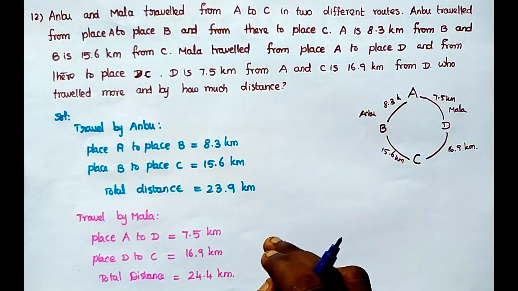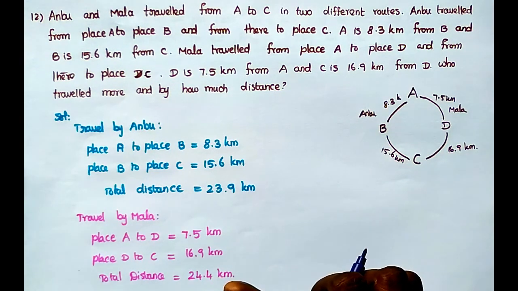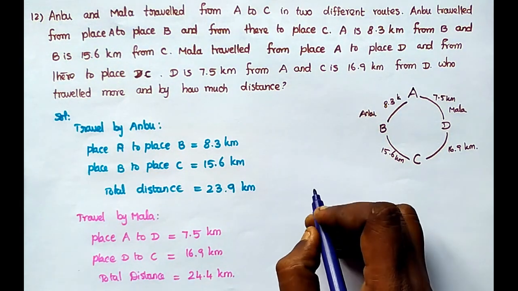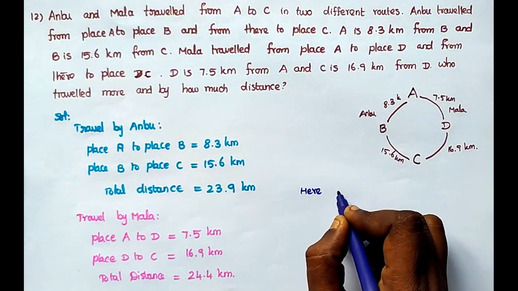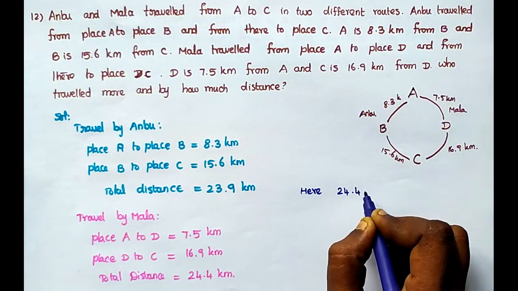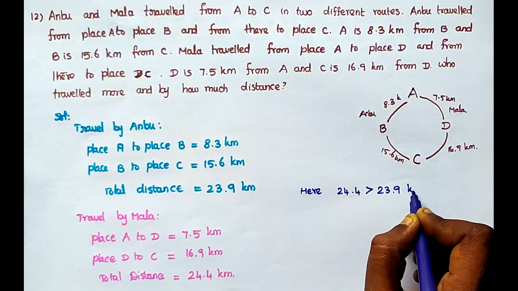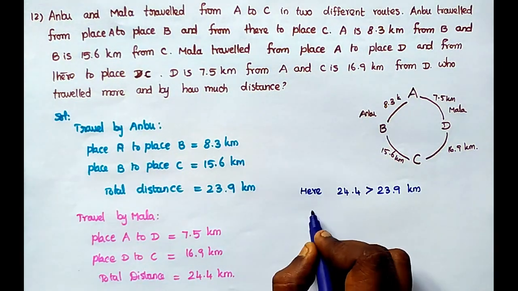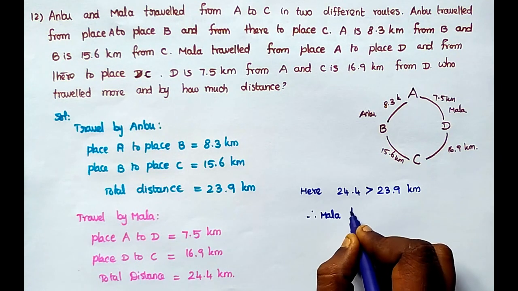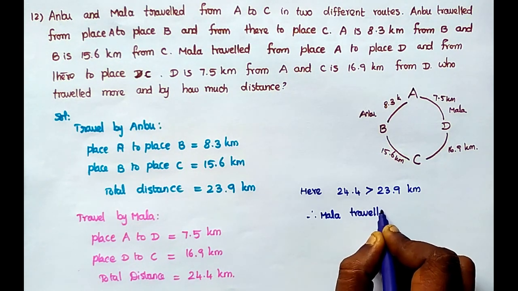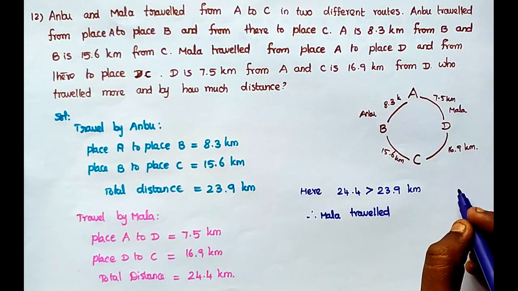So which one is greater? Mala travelled more. How much? Here 24.4 is greater than 23.9 kilometer. Therefore, Mala travelled how much distance more?